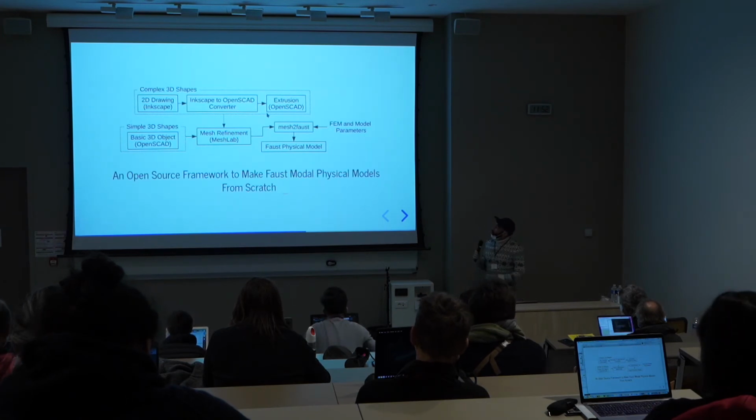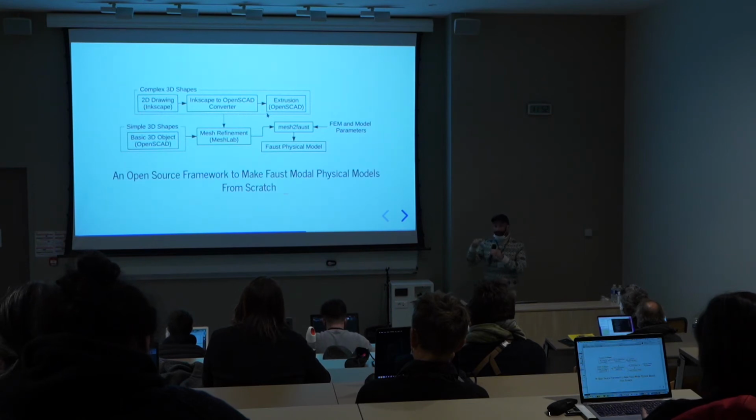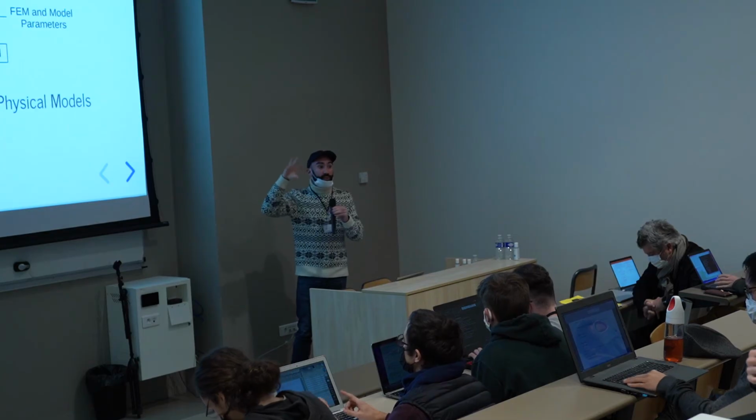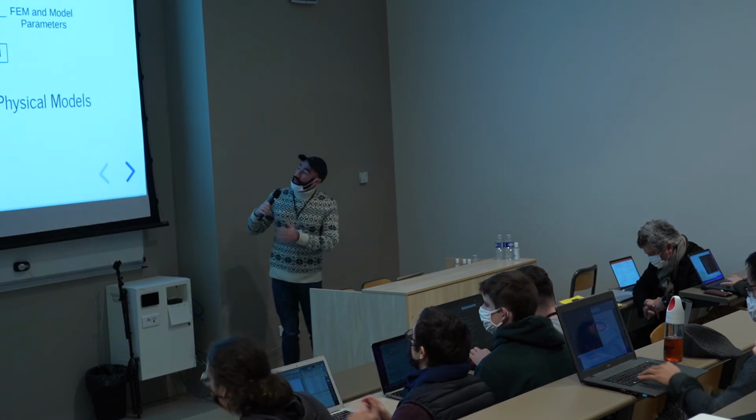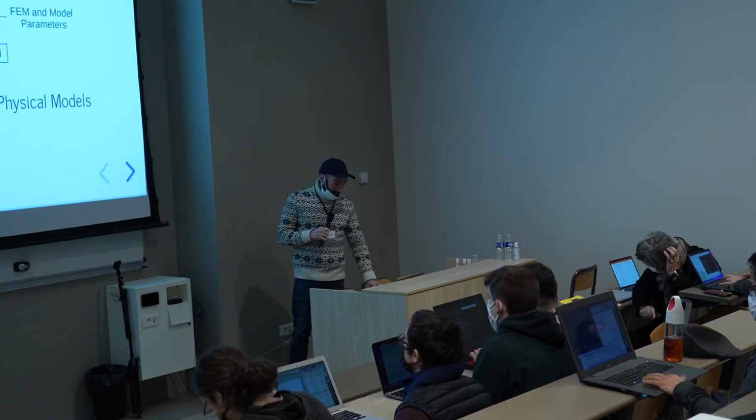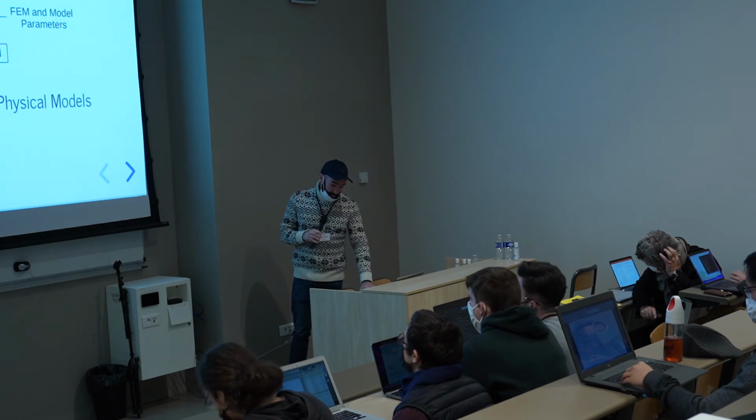Another alternative is to use Inkscape and then convert your Inkscape 2D drawing to OpenSCAD. There is a tool in the Faust distribution that allows you to do this. It's an Inkscape plugin that exports Inkscape 2D drawings to OpenSCAD. Then you do the 3D in OpenSCAD and finally use Mesh2faust.